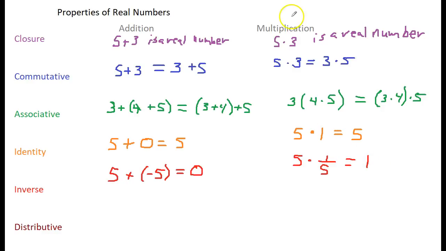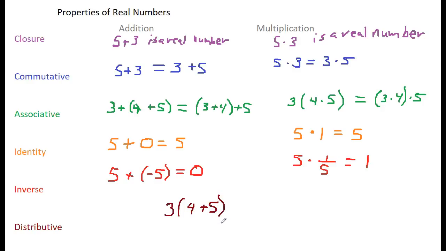Now, the last property we're going to look at today is distributive. Distributive combines both multiplication and addition. It can also use subtraction, but we are just going to look at addition today. So, for example, if I had 3 times the sum of 4 and 5.